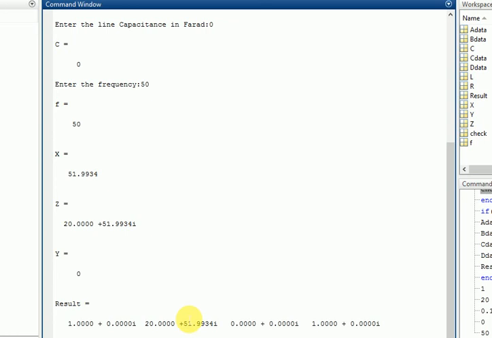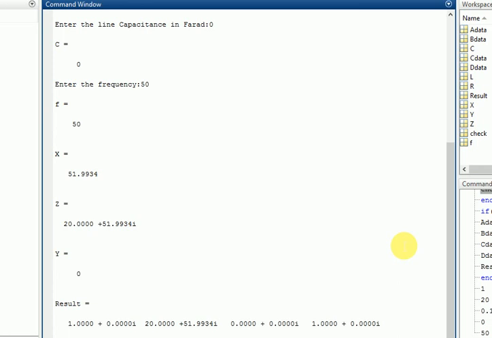This is A, this is B, this is C, and this is D. For A it is 1.000 plus 0.000i, and B is 20.4 plus 51.9934i. Then the C parameter is 0.000 plus 0.000i, and D is 1.000 plus 0.000i. So this is how we can solve the short transmission system.